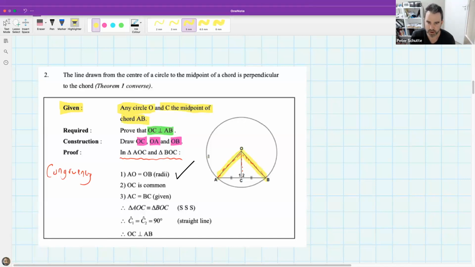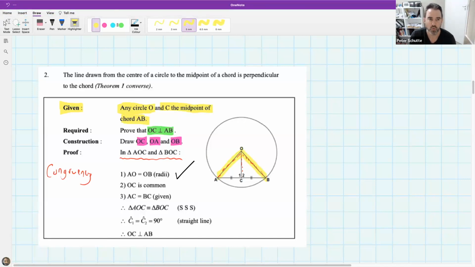We also know that OC is common. AO equals OB, radii. And when we started, we started with what we were given, that this was equal to that.